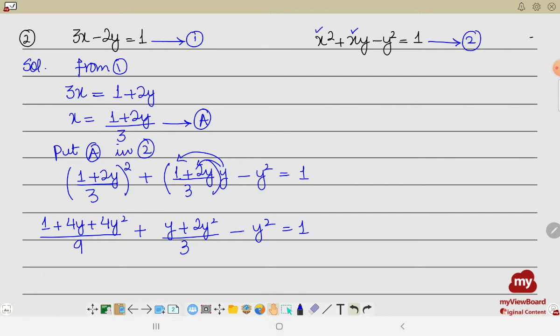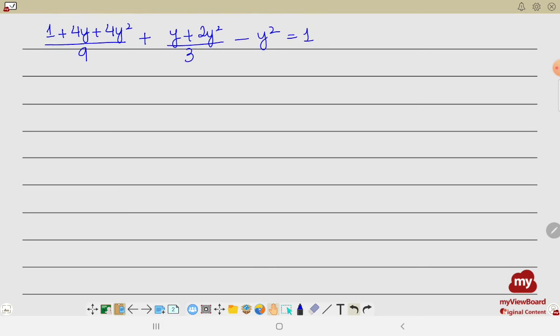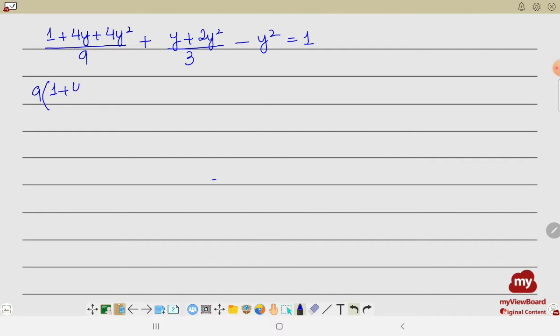Now, since we are supposed to simplify it, we have to solve this equation for the value of y. So, we are going to remove the denominators. Here the LCM of 9 and 3 is 9. So, we'll multiply the whole equation by 9, so that we can get rid of the denominators. You can skip this step. You can even solve it directly, since we just have to remove the denominators.